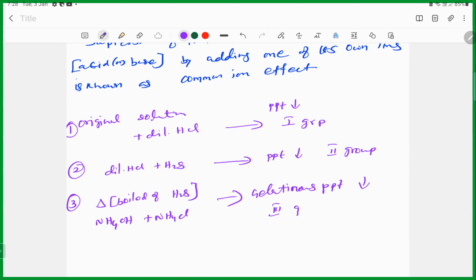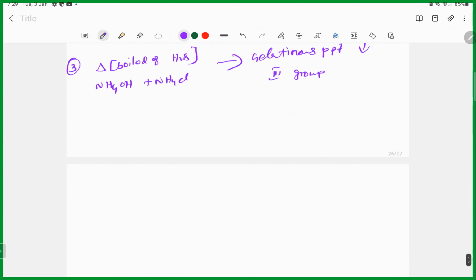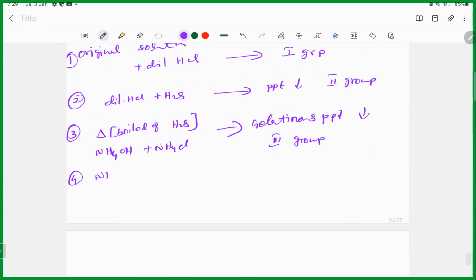Correct? If you are not getting it, you will move further. Next, you will add ammonium hydroxide and pass more H2S gas. If you are getting a precipitate, it is because of the fourth group metal. And then if you are not getting it, you will heat the solution and add ammonium hydroxide plus ammonium chloride plus ammonium carbonate.